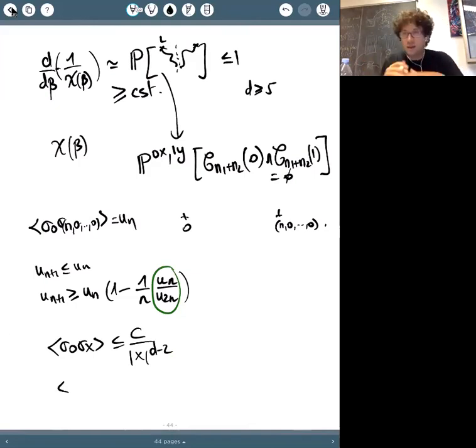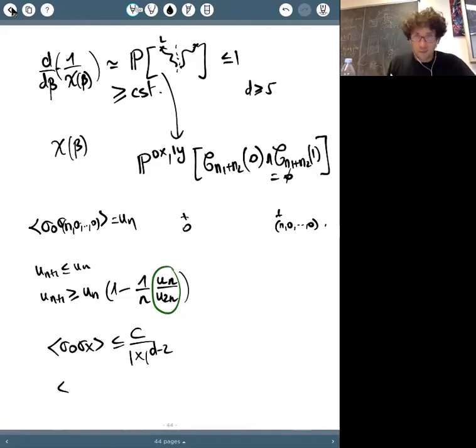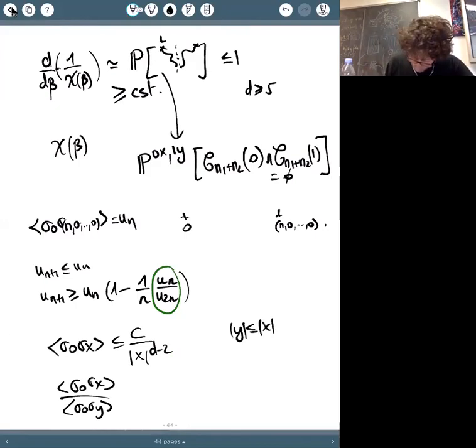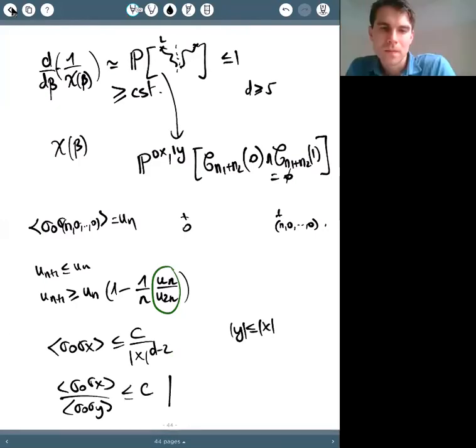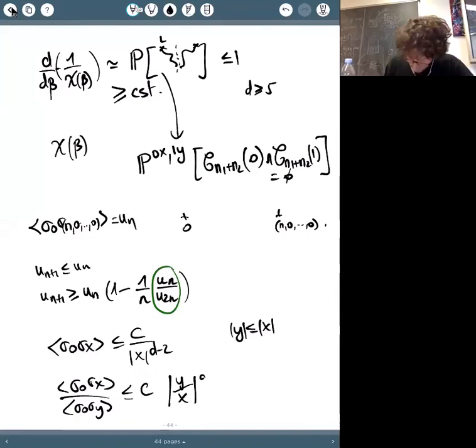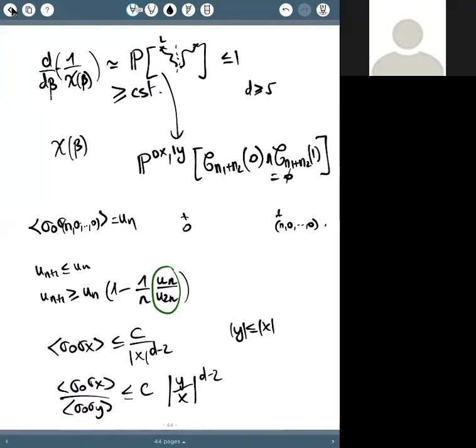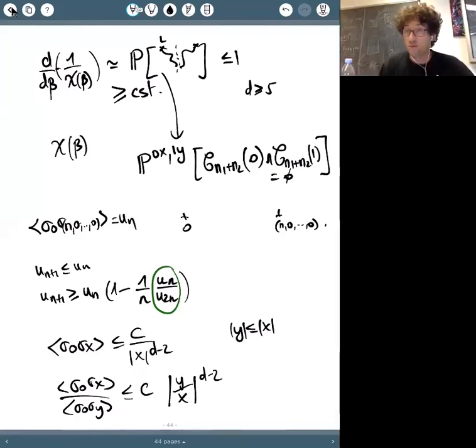It's a smeared version of it, but we roughly speaking prove sigma 0, sigma x divided by sigma 0, sigma y, with y smaller than x, smaller than constant times y over x to the d minus 2. And this uses reflection positivity also. So reflection positivity is everywhere in our proof, which is not so nice.